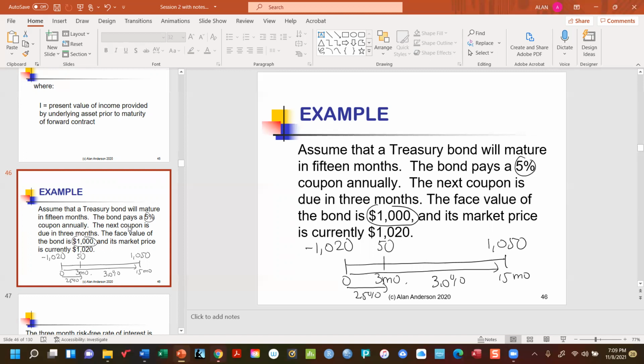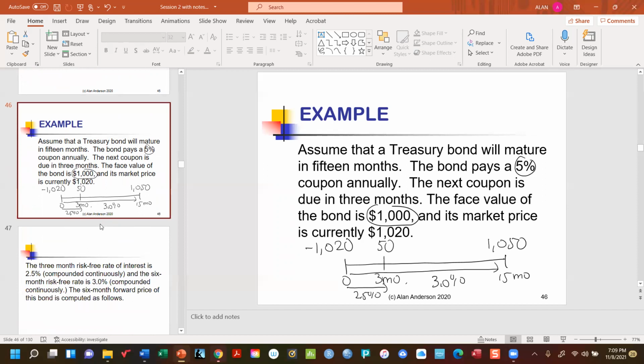Okay, great. So those are the cash flows at the top. Now, the interest rates, you have to be careful with this. Assuming that these are continuously compounded rates of interest, we're going to assume that the 3-month rate is 2.5%. Now, here's where we have to be careful. 2.5% means per year, per annum, PA. If you invested at this rate for 3 months, you're only going to get a quarter of that.